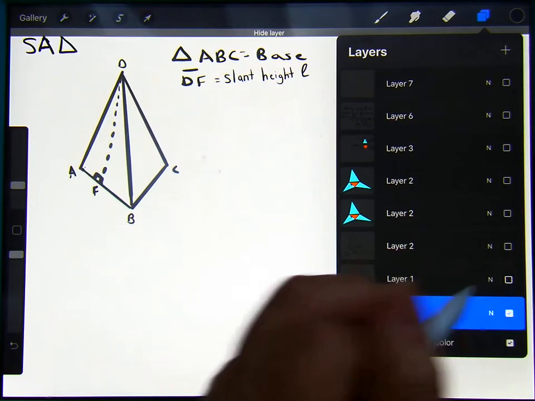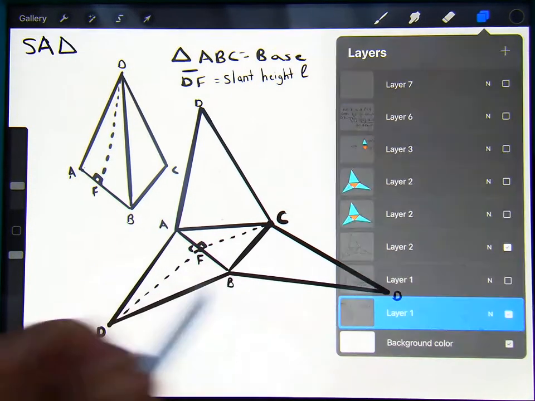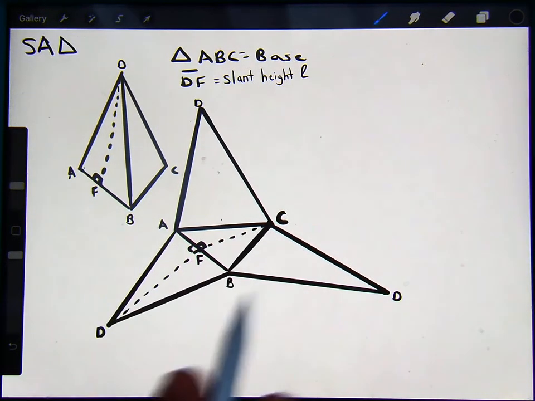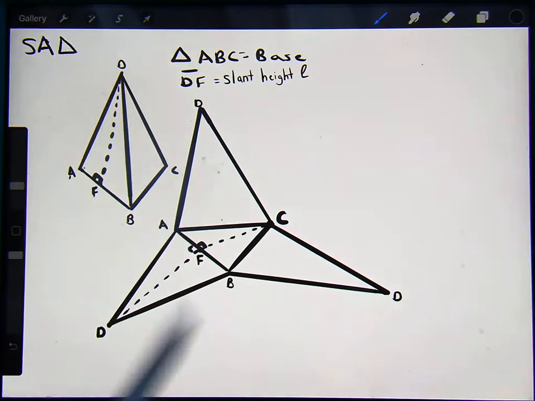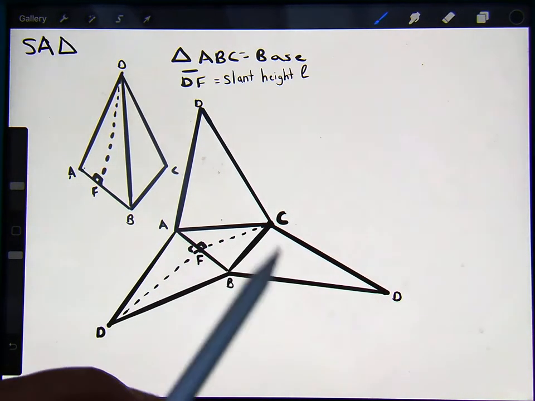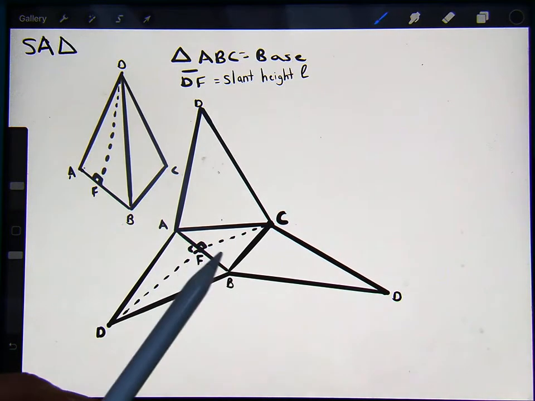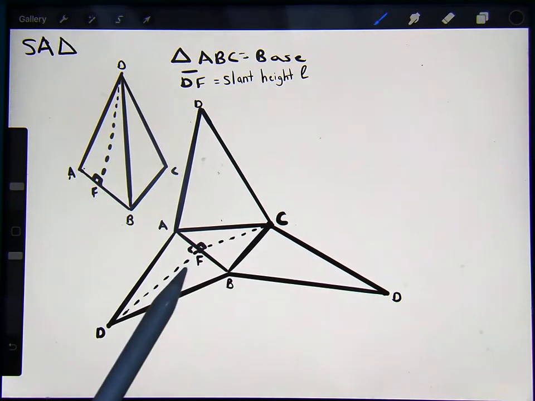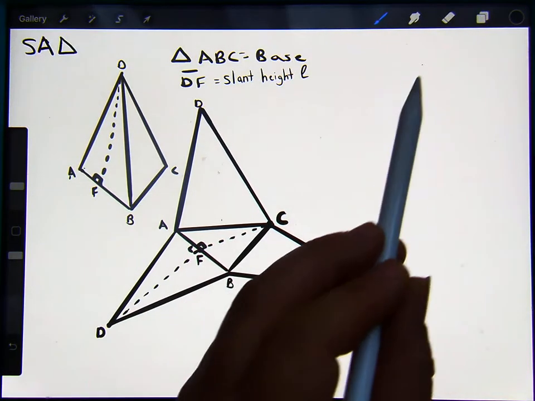So when you take this triangular pyramid and open it up, this is basically the shape that you're going to get in terms of your lateral sides and your base, which is also a triangle and thus has a height as well.